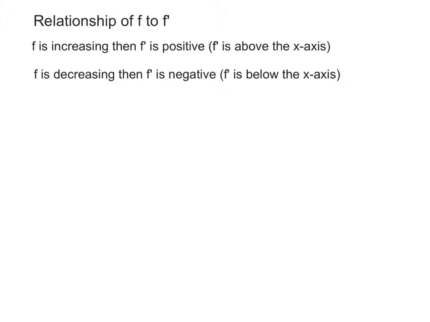What does that translate into for the derivative? Well, at point C, it's going to be a y-intercept. So when f has a horizontal tangent, then f prime is 0.